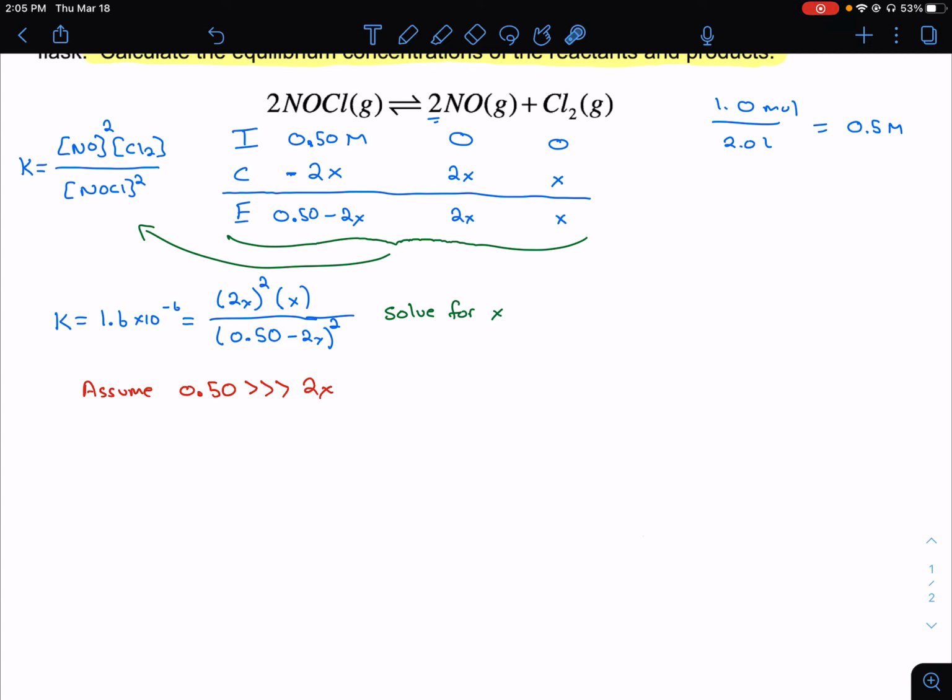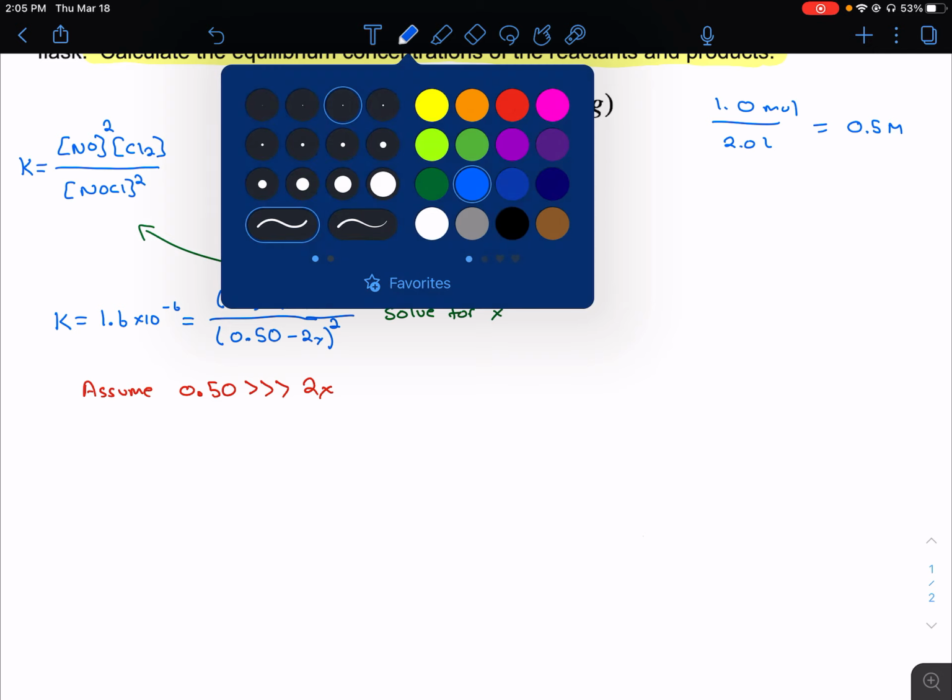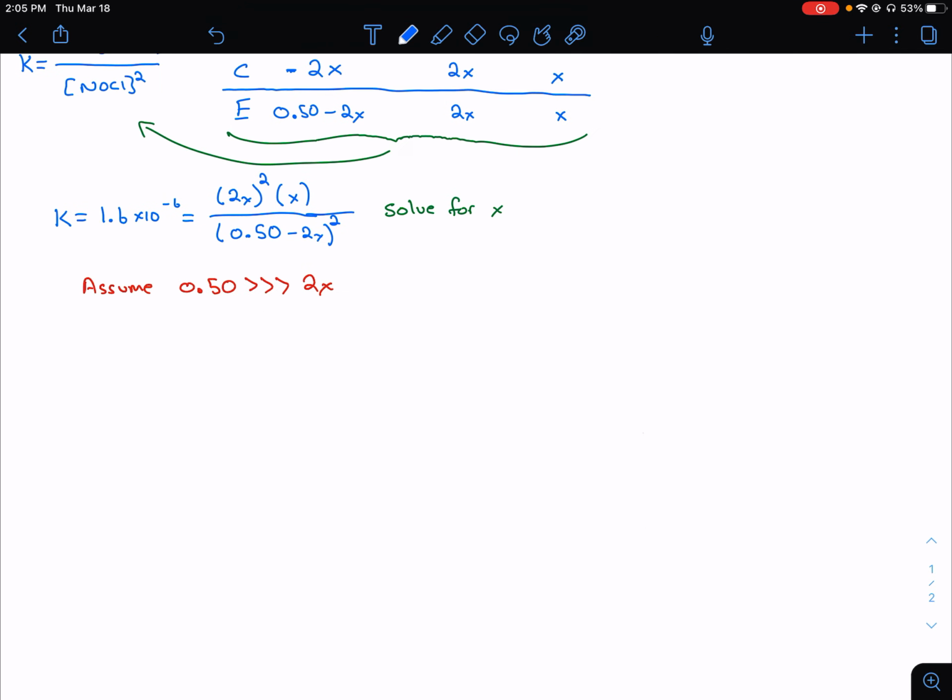And again, we're saying that because this number is very small, so very little of the starting material goes on to product, and so this change is very small. If that's the case, our expression is going to simplify.